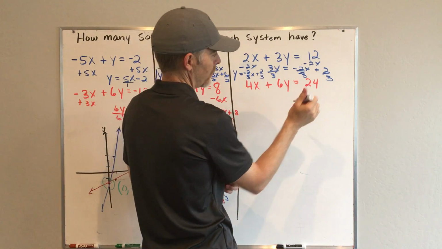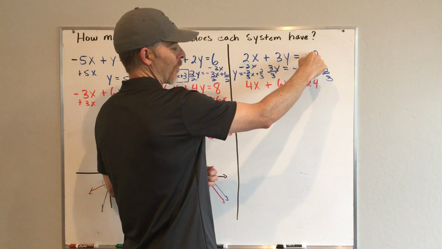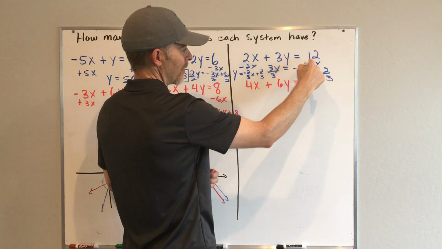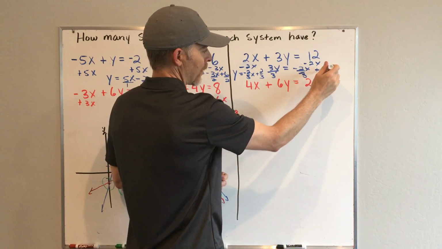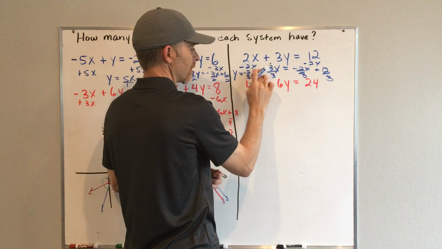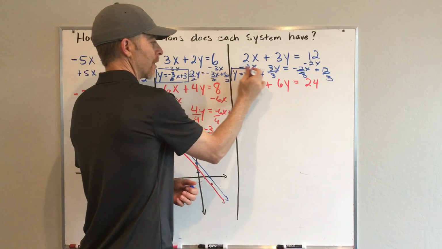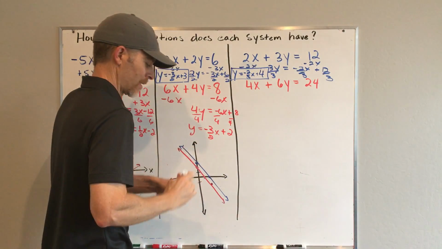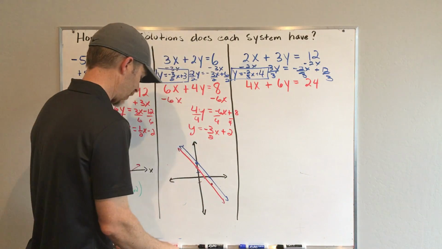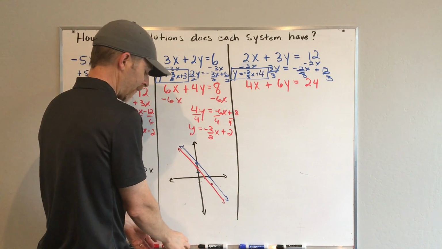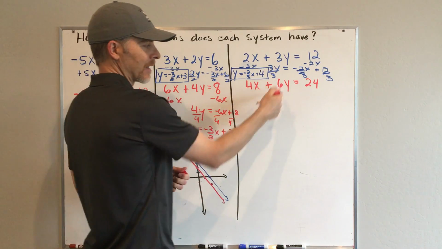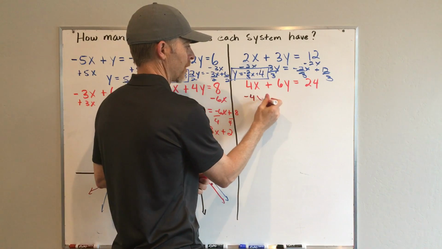Oh, I made a mistake here. That's 12 divided by 3 is 4. So this is a 4 here. There we go. Y equals negative 2/3 x plus 4. Well, before I go and graph that, I'm going to go ahead and get this one in y equals mx plus b.